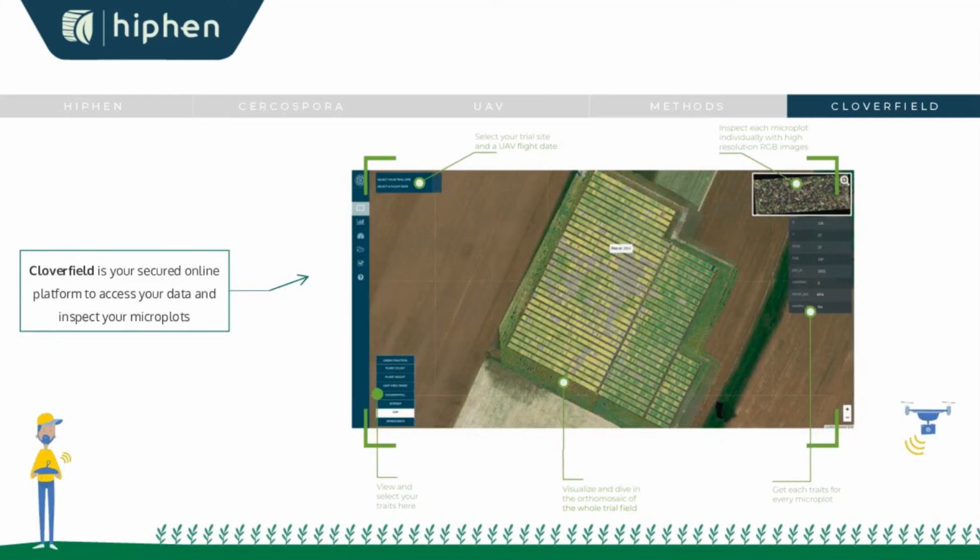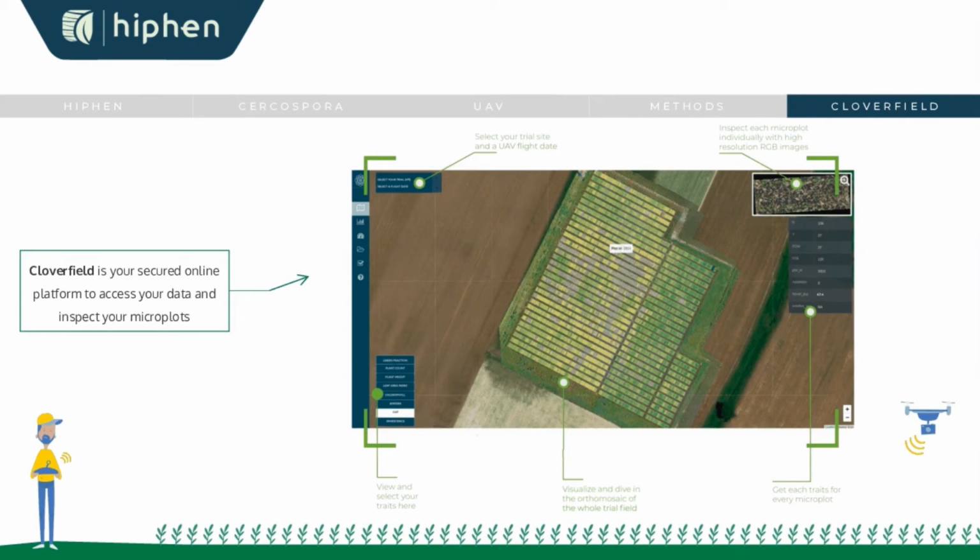And this is something that we then deliver through what we call Cloverfield, which is our data platform. That's the platform we use to process automatically all of the UAV data. So UAV data goes in Cloverfield. It's automatically processed within a few hours and days, and the results are displayed on a web interface in which you can see your trial and inspect every single microplot.